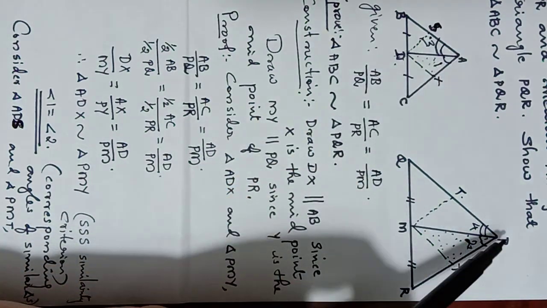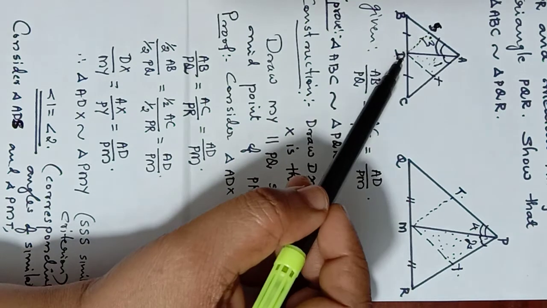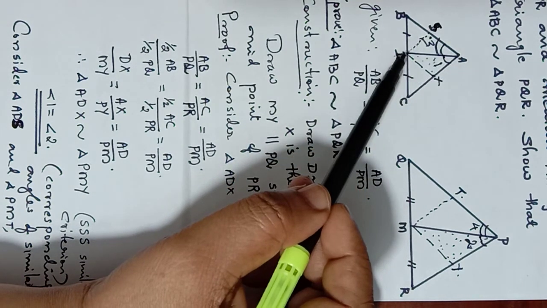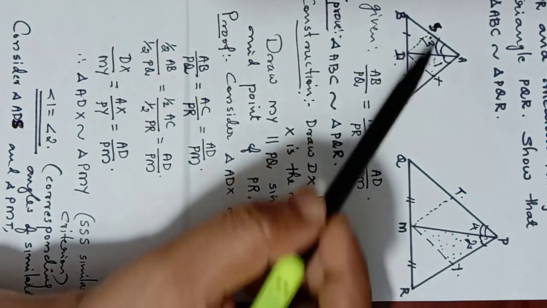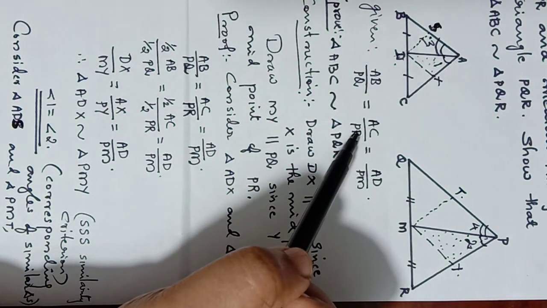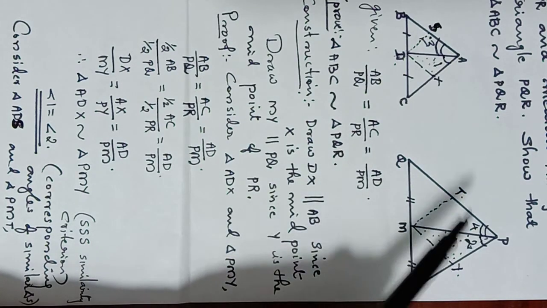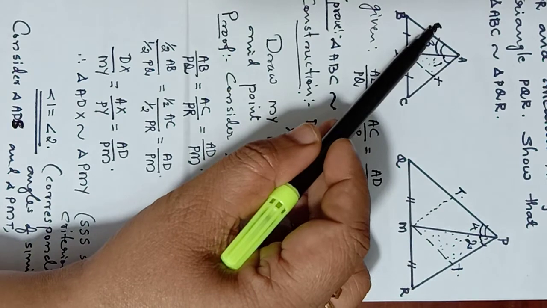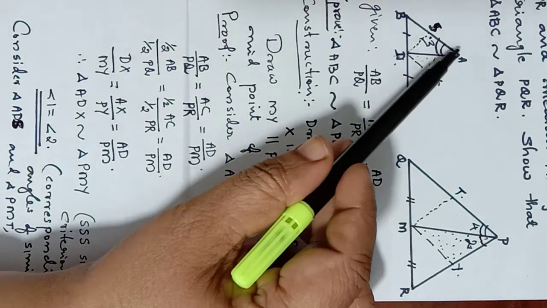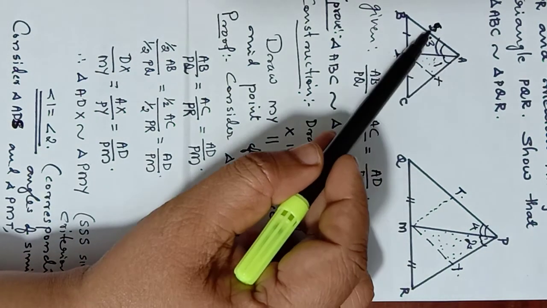Then AD by PM already given to us. So how to get SD? If you take half AC, we can take it as SD. Half AC is SD. Half of PR is TM. Okay. So we can write it as SD by TM is equal to AD by PM, that is equal to AS by PT.